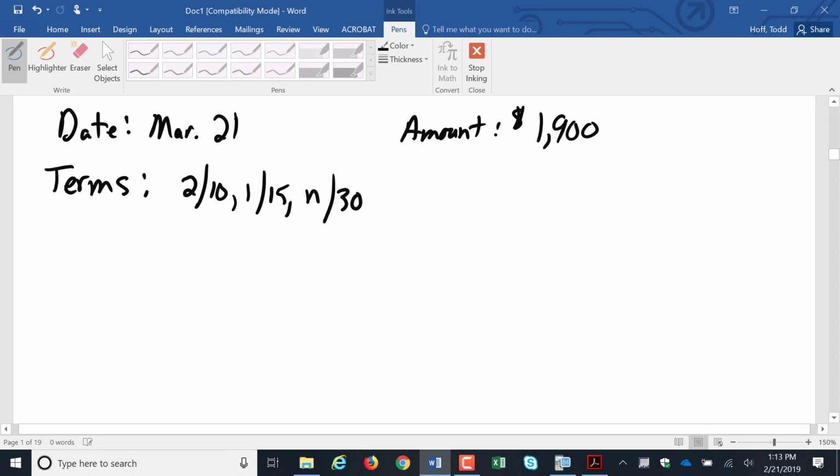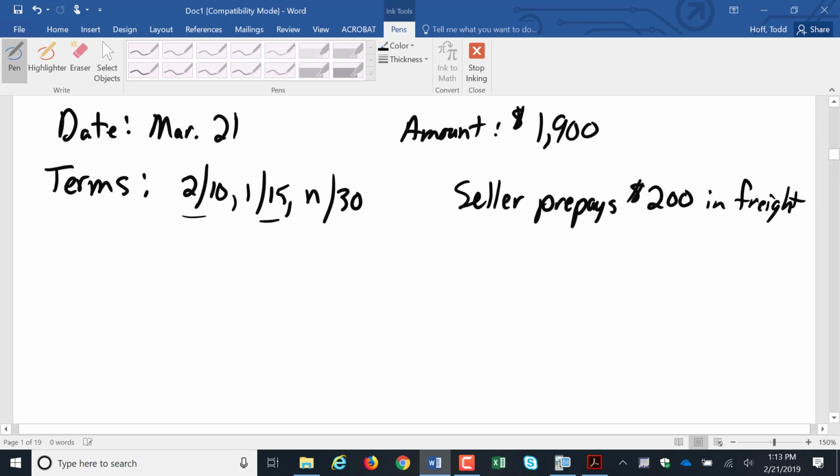Now I added in a little something here. There are 2 discount periods here. Seller prepays $200 in freight. So that has to be reimbursed.